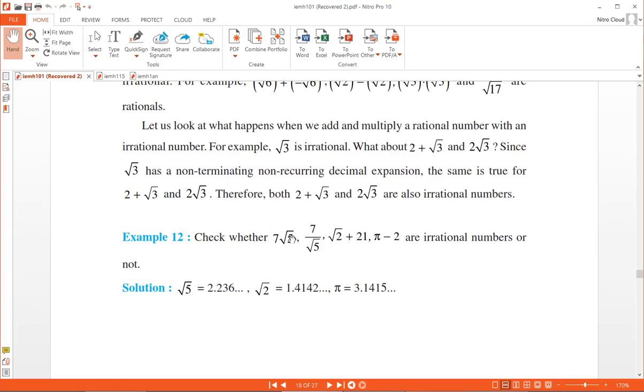To check whether 7 root 5, 7 divided by root 5, root 2 plus 21, pi minus 2 are irrational or not: if you multiply root 5 with 7, here you're multiplying a non-terminating decimal number with a constant, it will not make it terminating. So this will still be an irrational number. Similarly, 7 upon root 5.